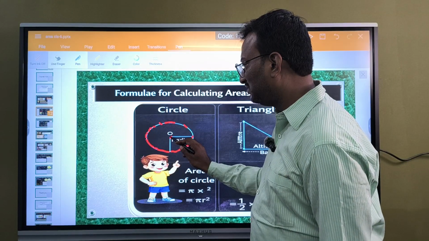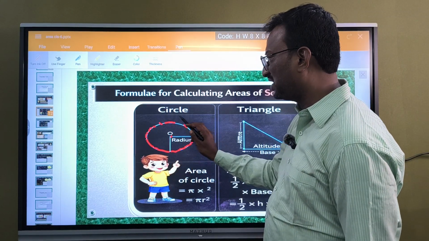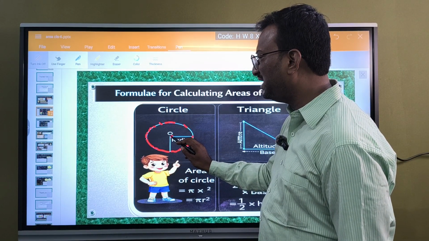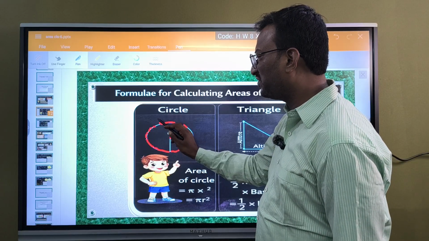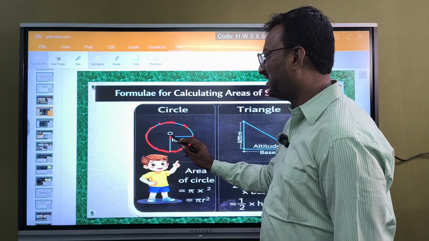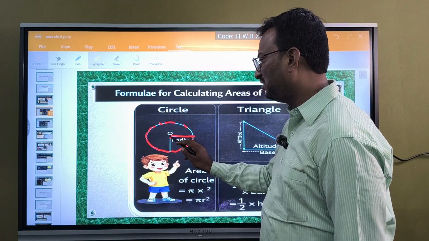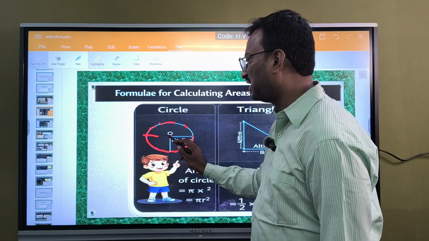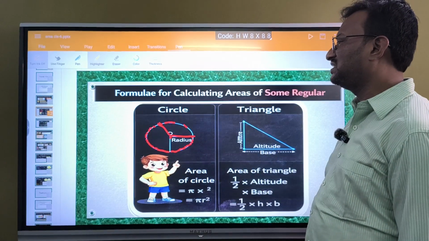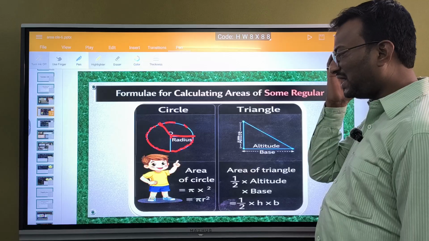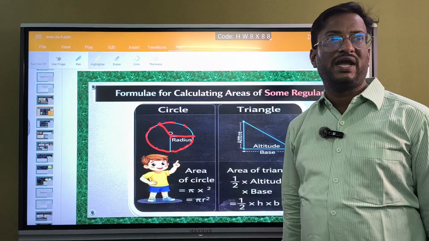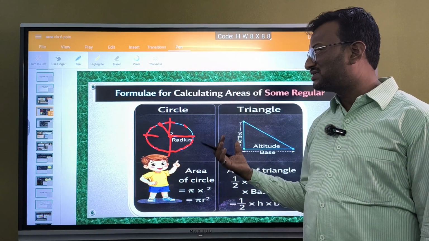From the center, all these points are at an equal distance, and if you choose any of the points, that distance we call the radius. The radius may be from the center to this point, this point, this point. Any of the distances that can be measured can be considered as radius. So that is what we call a circle.